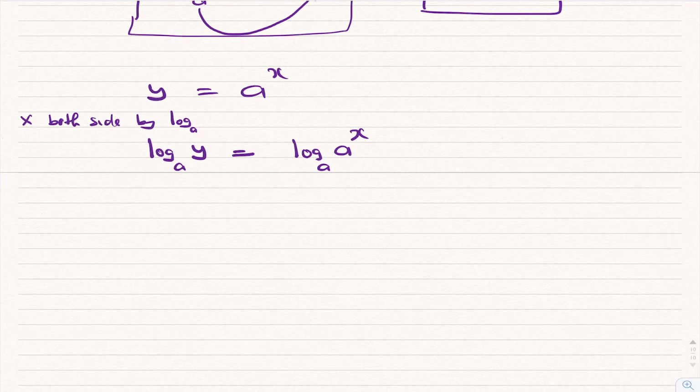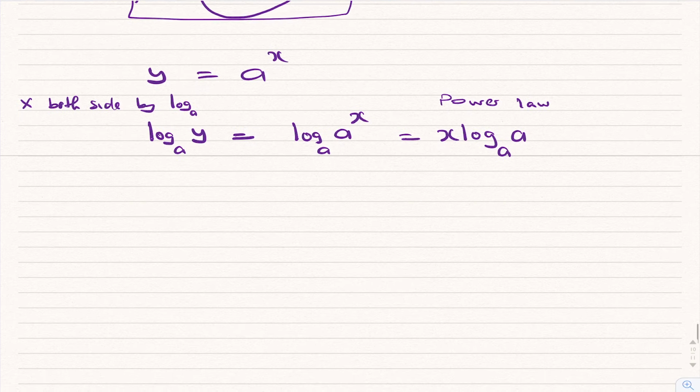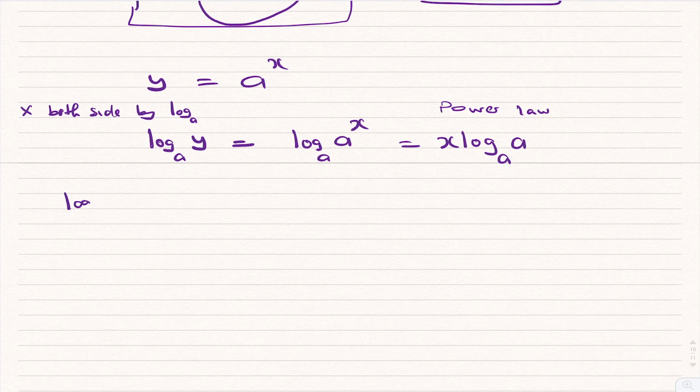Now, from the power law, the x will come to the front. So I'm going to get log a of a times x. That's using the power law. And we also know that log of base a of a is always equal to 1.